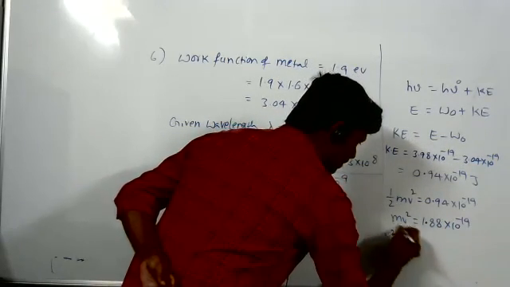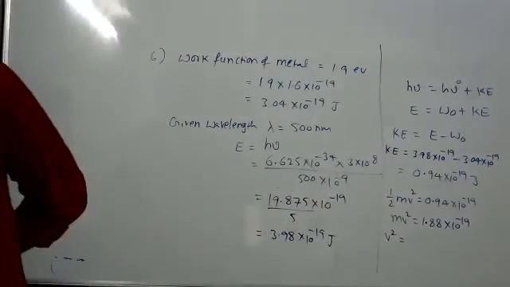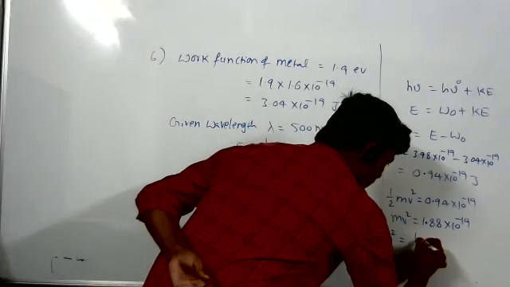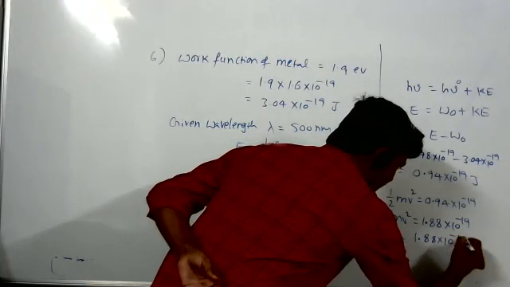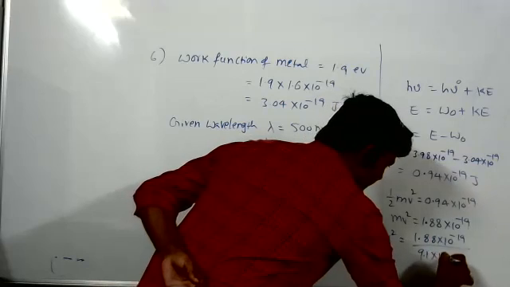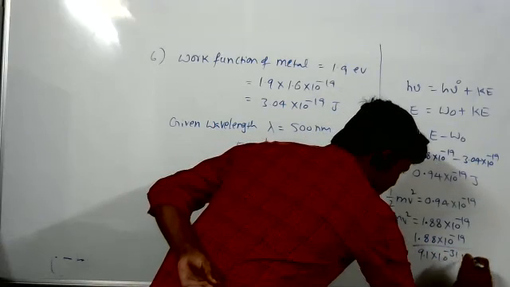V square equals this divided by m, the mass of electron, since electrons are ejected in the photoelectric effect. The mass of electron is 9.1 into 10 power minus 31 kilograms.